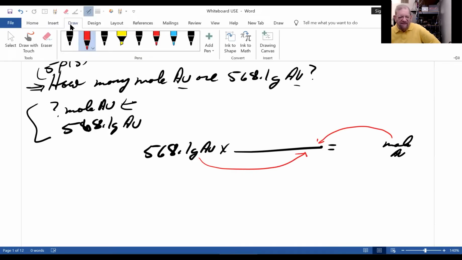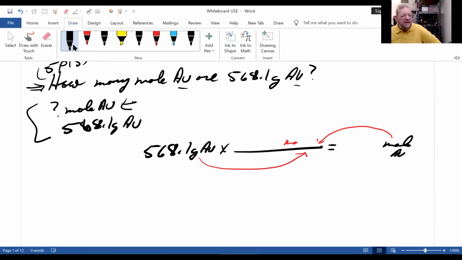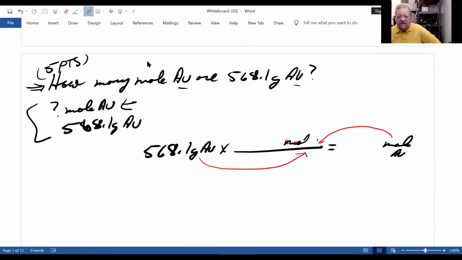And here I have mole of gold. Here I have grams of gold. Where do we get those numbers? 1 mole of an element equals its atomic weight in grams.